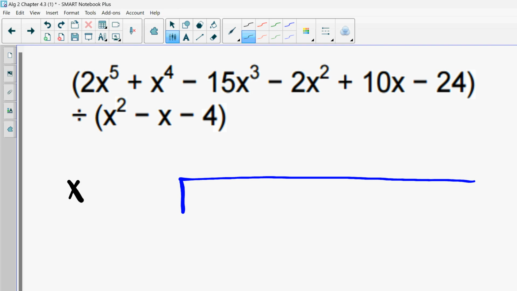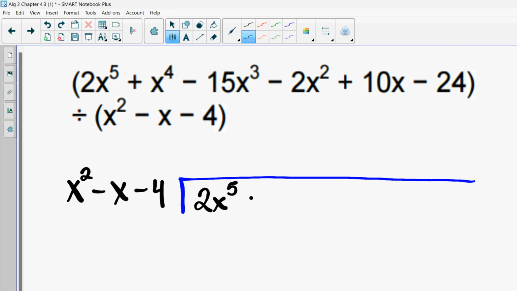So outside the parentheses, we'll have x squared minus x minus 4. Inside the parentheses, our term, our variable with the biggest exponent is x to the 5th, which means inside we need the 5th power, 4th power, 3rd, 2nd, 1st, and constant.